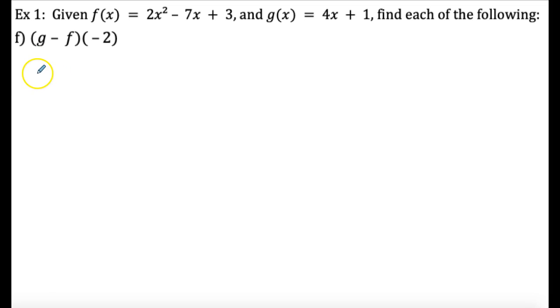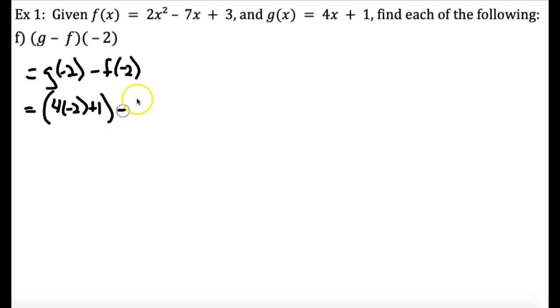All right, so again, this means g of -2 minus f of -2. So I'm plugging -2 into g, so 4 times -2 plus 1 minus 2 times -2 squared minus 7 times -2 plus 3.